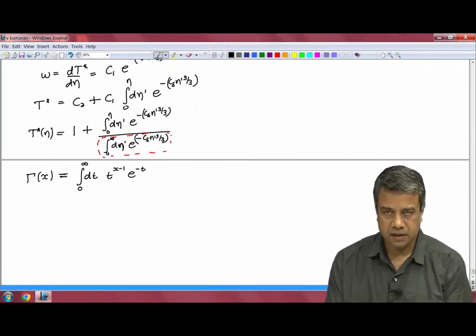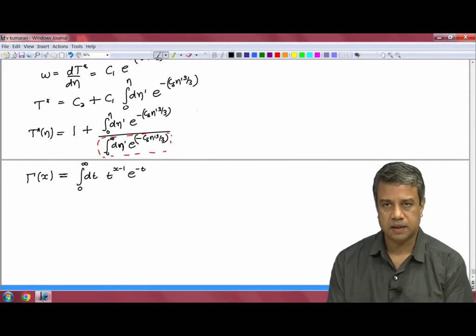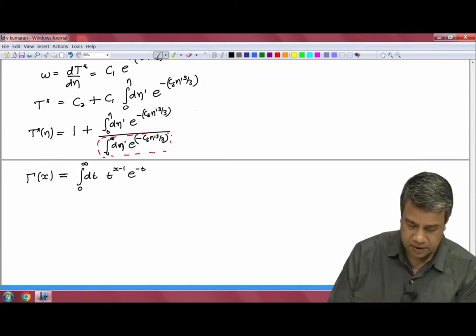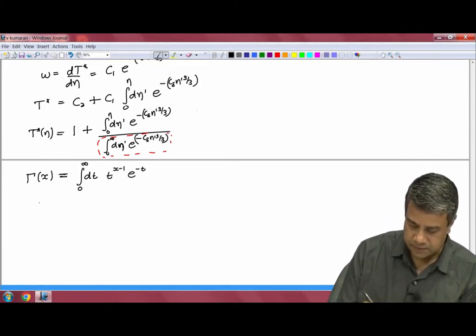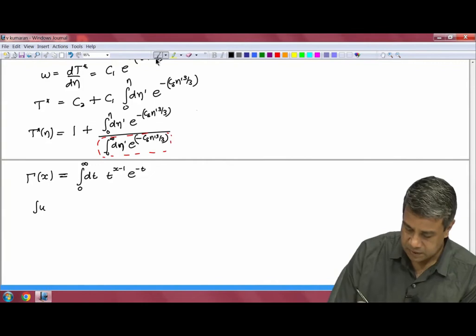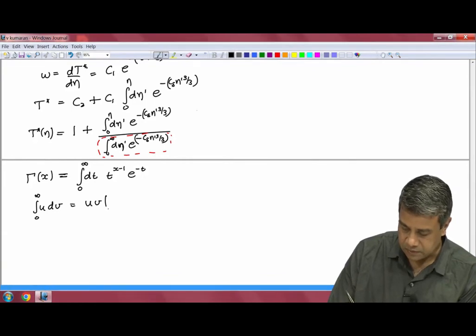You can get a recurrence relation for the gamma function using integration by parts. So, in this I write integral of u dv from 0 to infinity is equal to the value of u v at the end points minus integral v du from 0 to infinity.